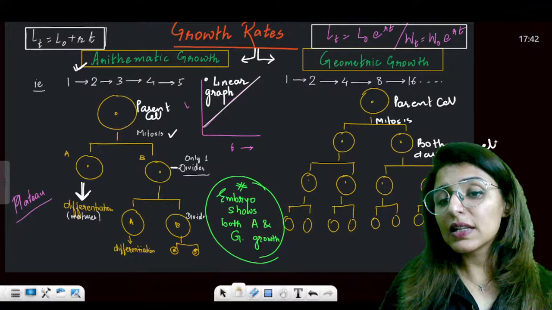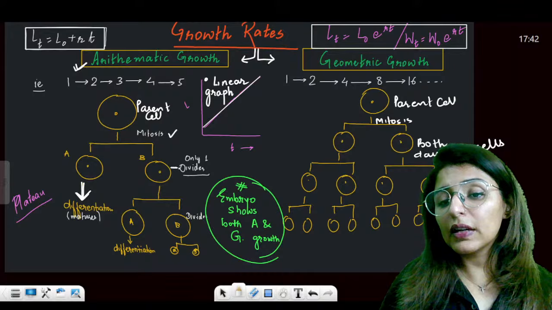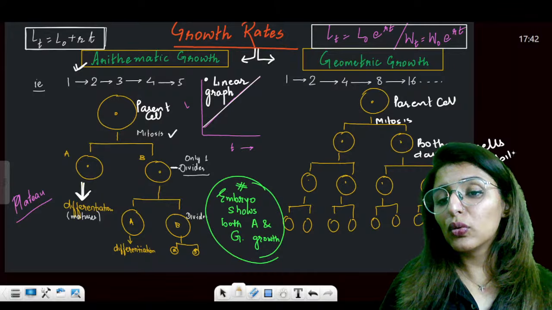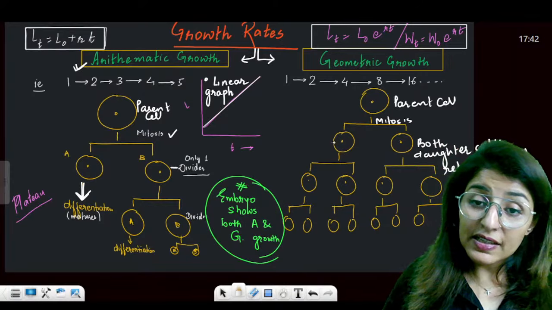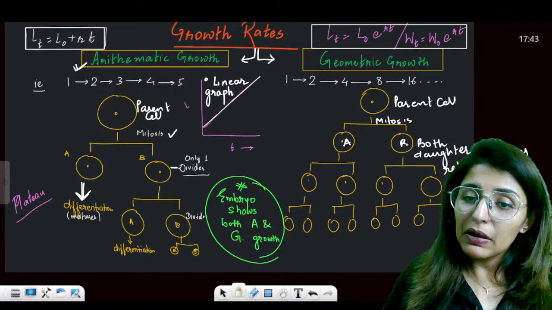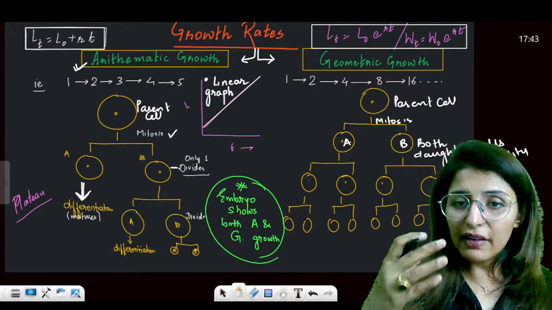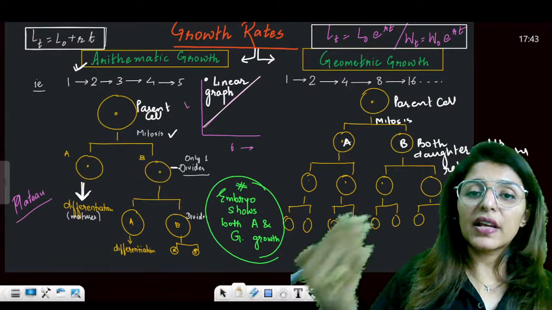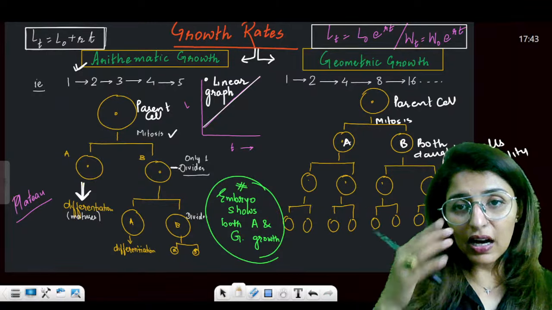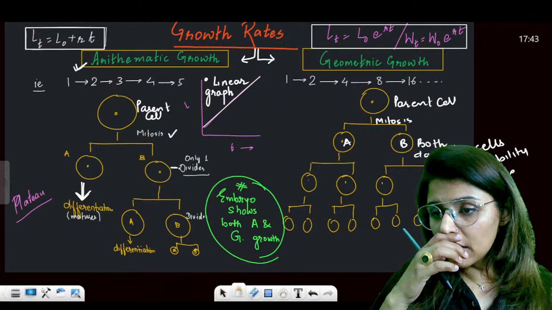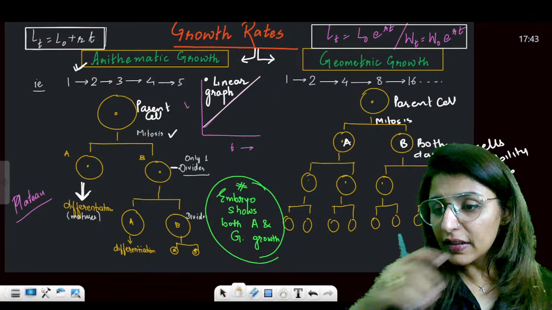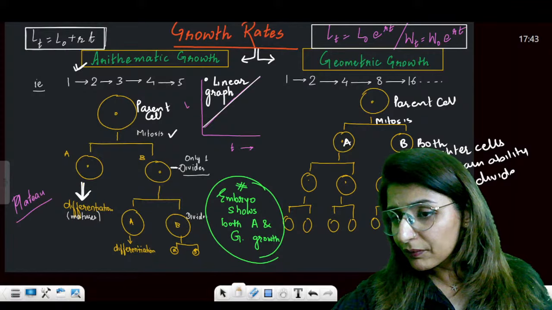When both keep on dividing, A will also divide further, B will also divide further. So with every step, the number of cells being added is doubling.